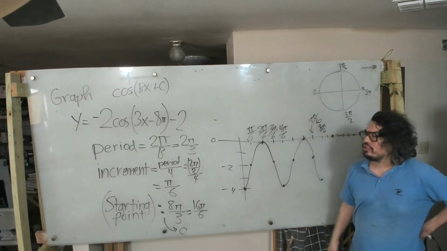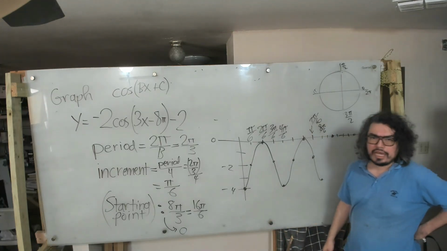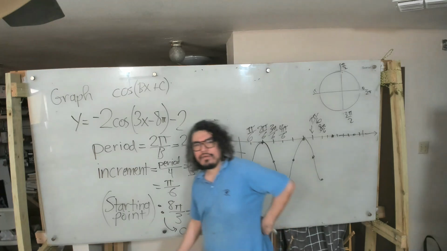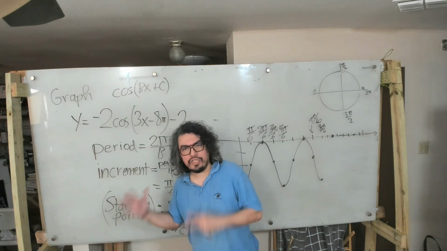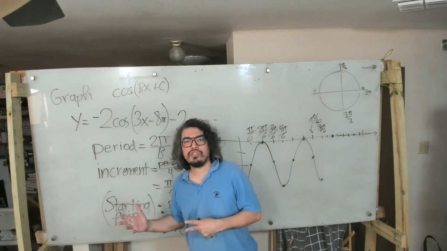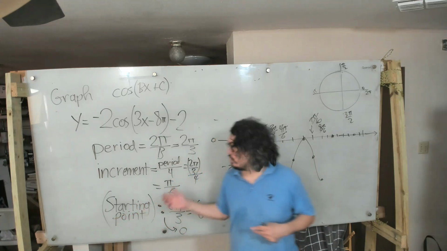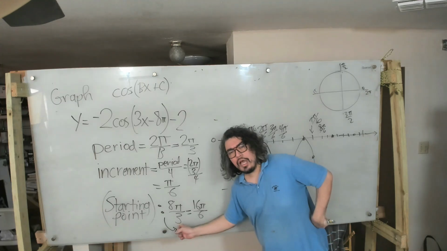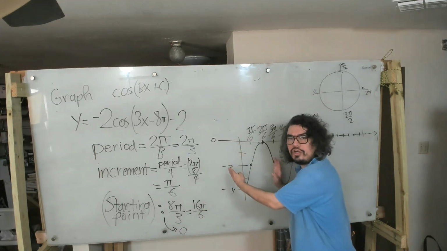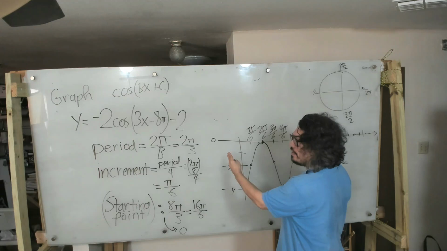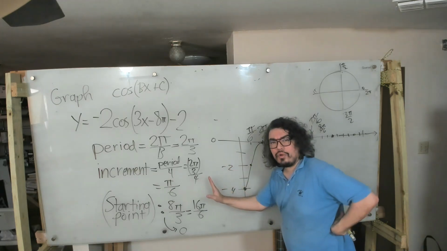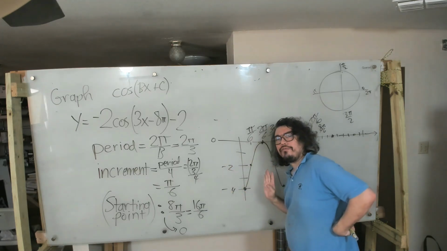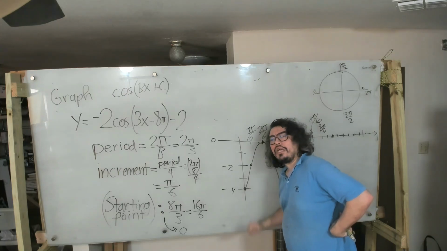Remember, if you were solving an actual problem, you might have a range of values for x that is interesting to you. In that case, we would just add or subtract the period to the starting point until you find the region of the graph you're interested in. Then from there, you graph it by taking that alternate starting point and adding the increment 4 times as necessary to find the location of the landmarks.